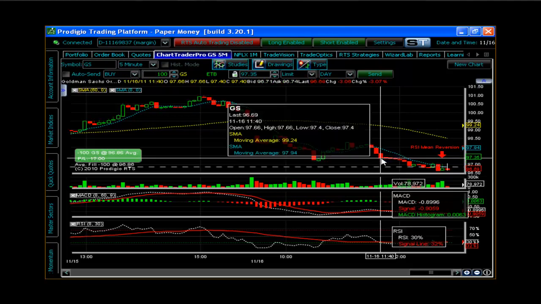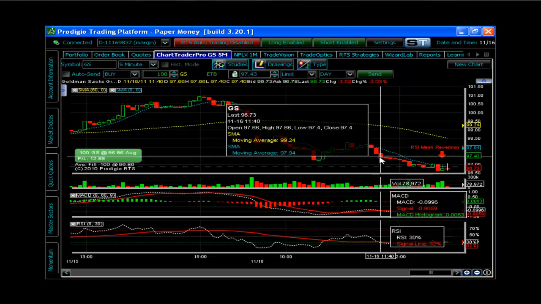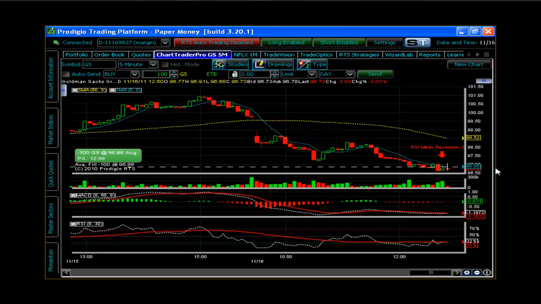This would be a fantastic signal if you did this robotically or even in trade optics, because you start in the money already because you waited for the confirmation. It's really just what you want to do with it. And trade optics is beautiful because it brings the idea to you. It doesn't force you into making the trade. You can be selective about it.